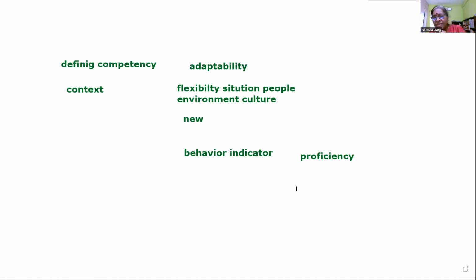I would ideally say use just a 4 level scale, because what happens most of the time when you are evaluating, you tend to go the mid path. Have a 4 scale. That becomes very, very effective. So proficiency is nothing but you are fixing a scale from 1 to, it could be 3, or it could also be 4, or it could also be 5.